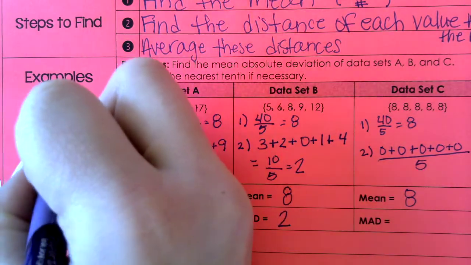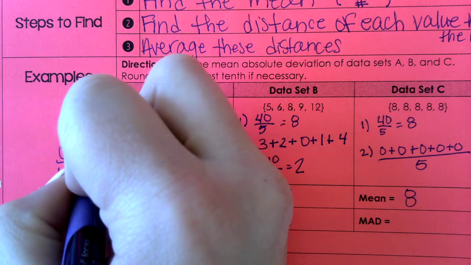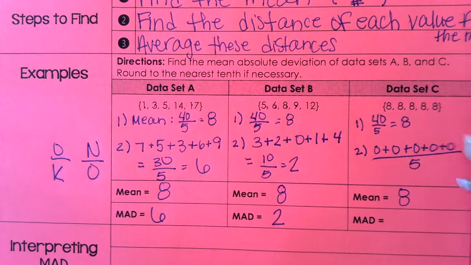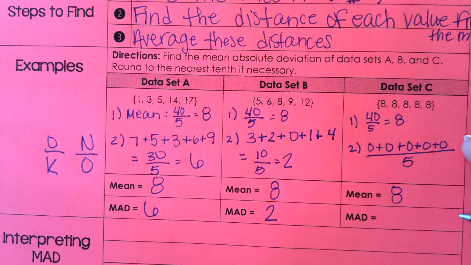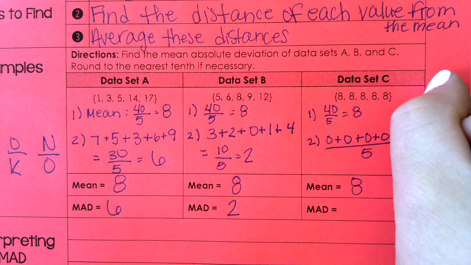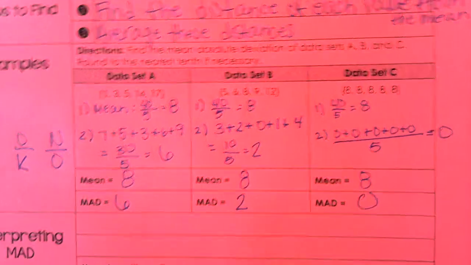Remember, it's okay to have 0 on the top, but there's no way you can have 0 on the bottom. So this is okay to do because 0 is on the top. What's 0 divided by 5? 0. So our MAD this time is going to be 0.